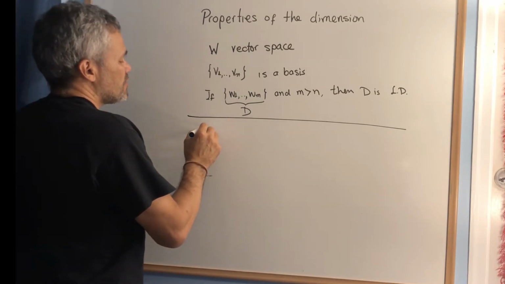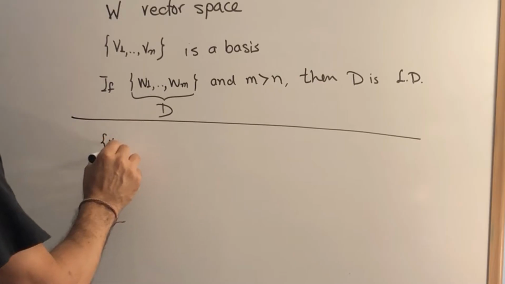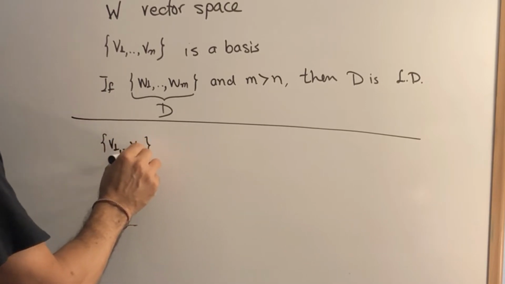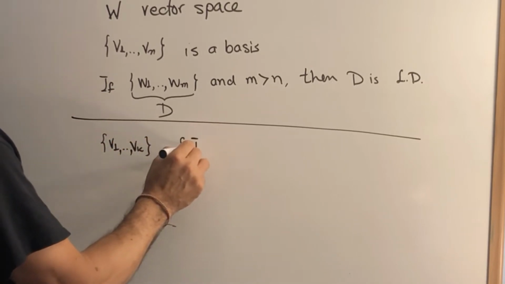If we have some vectors B1, ..., Bk, and let's suppose that they are linearly independent.